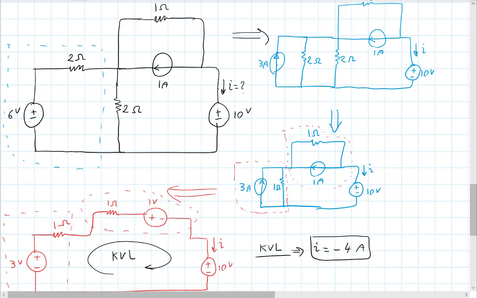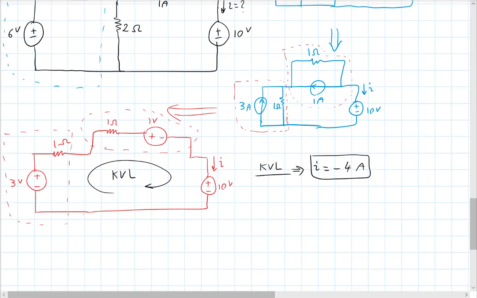Now, this worked if you wanted something that was outside all the parts that we converted. Of course, if I was interested in the voltage, let's say across the 1 amp current source, or the current of the 2 ohm resistor on the top left, then where is that?